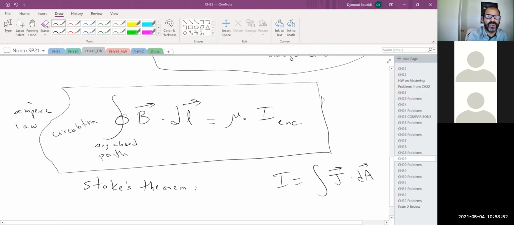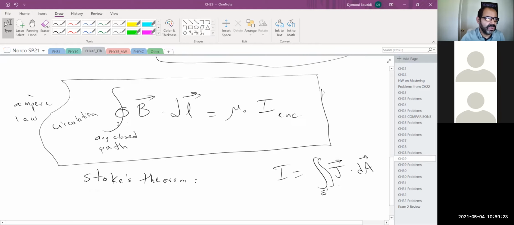That is the current flowing through this area S. This is an area integral, so this is two integrals, whereas this one is just a line integral. But Stokes' theorem takes this integral and converts it into a double integral, similar to what we did with Gauss's law. And then you will have a surface integral, and two surface integrals over the same surface are identically equal all the time only if their integrands are the same.